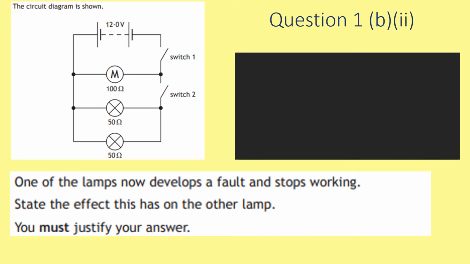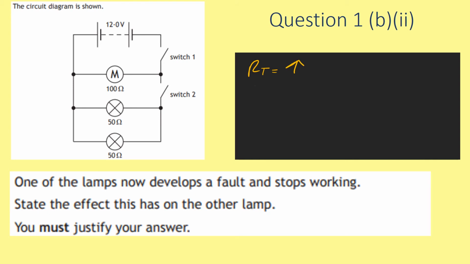So if we take away one of the lamps and there's a fault, then what happens to the total resistance? Well, remember the rule, in parallel, if we add a resistance in parallel, then the overall resistance goes down. So in this case, we're taking away a resistance in parallel. That means the total resistance is going to go up.